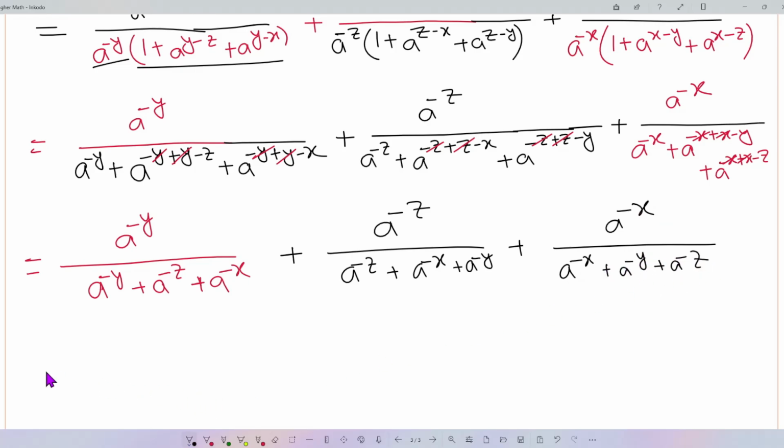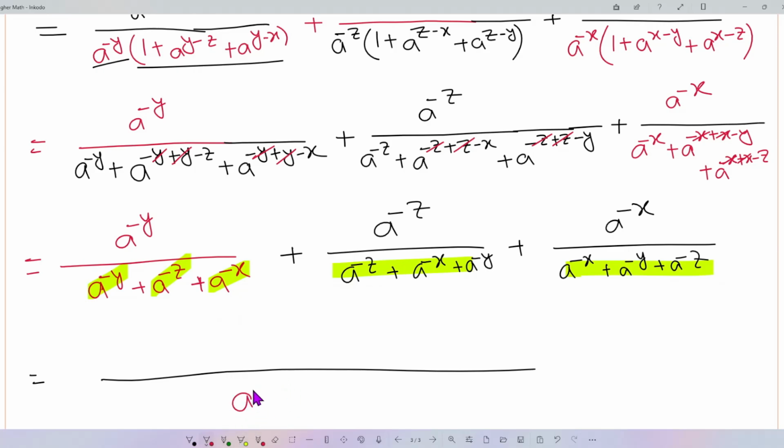Okay, now we can make an LCM where everywhere is a to the power minus y plus a to the power minus z plus a to the power minus x. Everywhere is a similar thing. So we can write a to the power minus x plus a to the power minus y plus a to the power minus z.